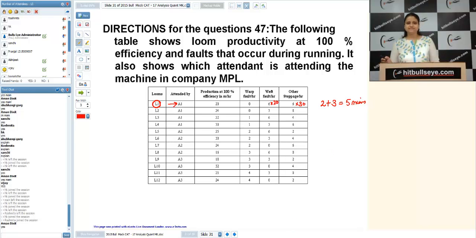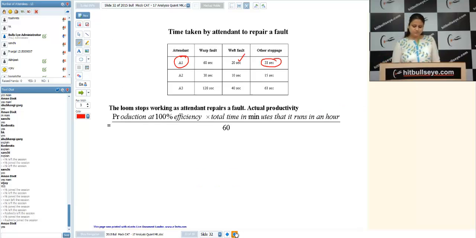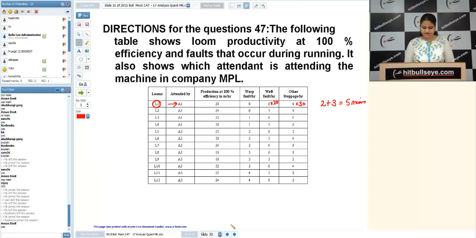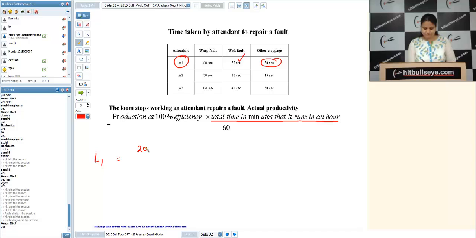Since the machine is running for 1 hour, and out of those 60 minutes, for 5 minutes there are stoppages, the machine is working for 55 minutes. So for loom 1, actual productivity will be 20, that is production at 100%, into 55 minutes, divided by 60.